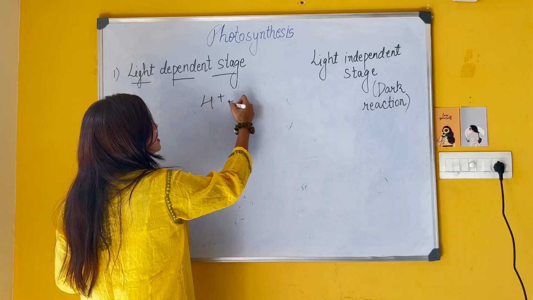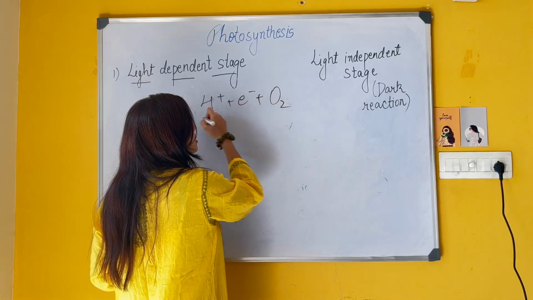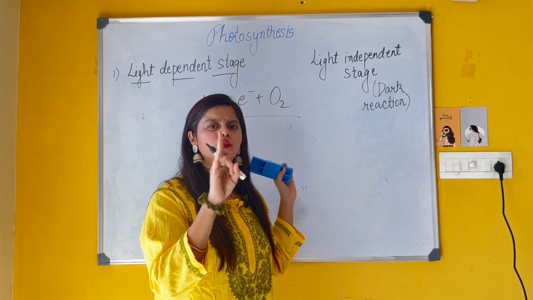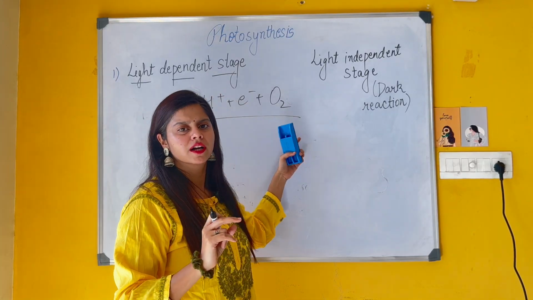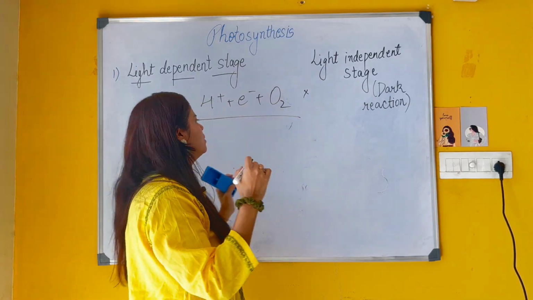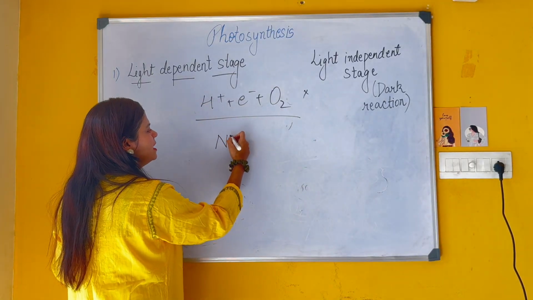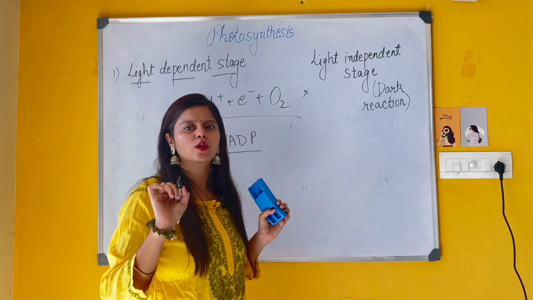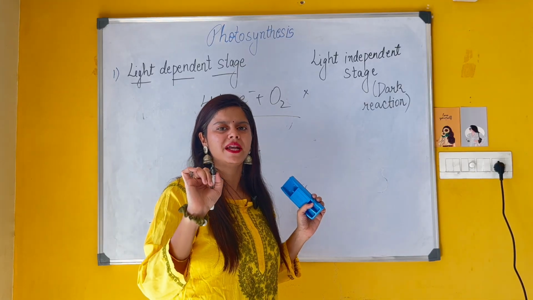So H plus, electrons and oxygen were the products of photolysis. The water molecule breaks down to give these products. These are not the end products of the light dependent stage. What happens? There is a compound called NADP which is already present in the chloroplast. It is already present in the plant.